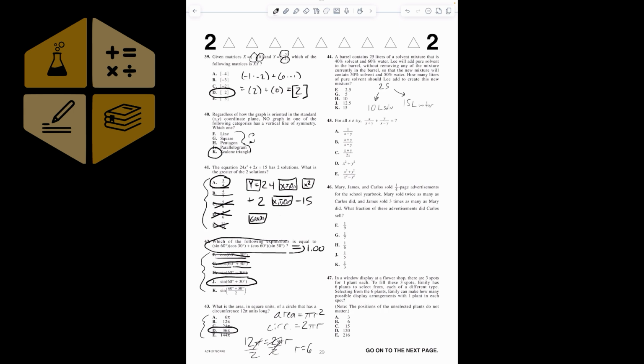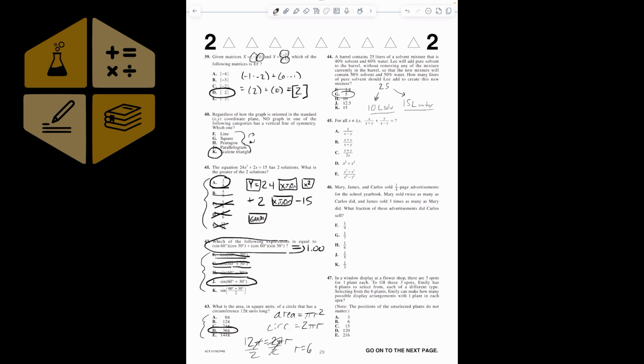Instead of there being a discrepancy between solvent and water, we want the percentages to be the same. So pretty simply, there's 10 liters of solvent, 15 liters of water. If I wanted it to be 50-50, I would add in 5 liters of solvent, right? Because that would make it 15 liters of solvent, 15 liters of water. That's 50% each. That's how I know number 44 is G. Nothing too complicated about that.